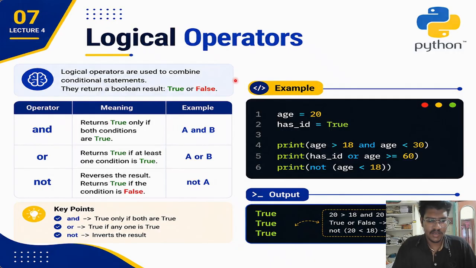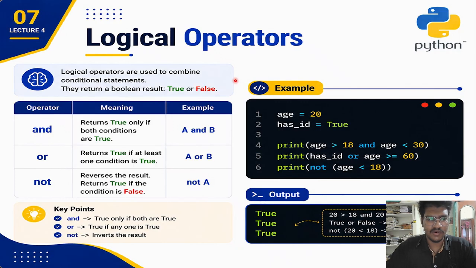It operates on a single condition and reverses its Boolean value. Not true becomes false and not false becomes true. In this, true becomes false and false becomes true.